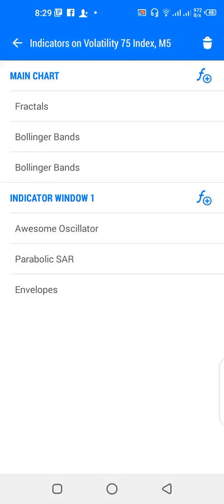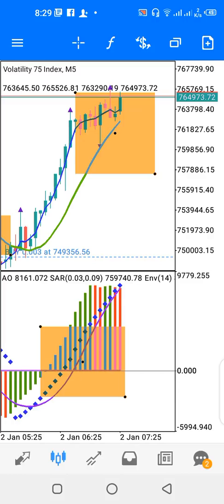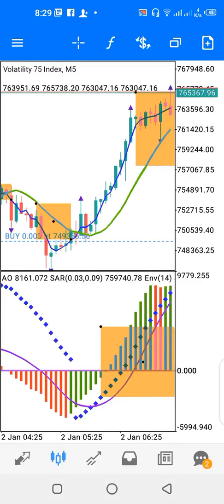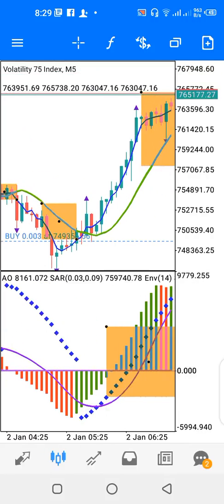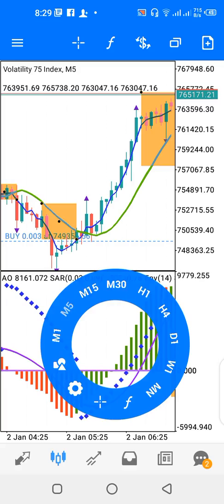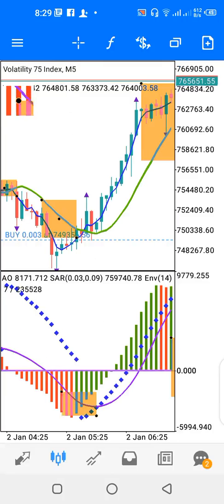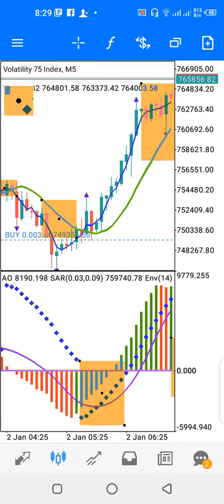So if we are going to look at how this works, how does this work? The signal takes place when you have a change in color of the awesome oscillator. You can see awesome oscillator bars showing red color here, then suddenly changes to green color around here.